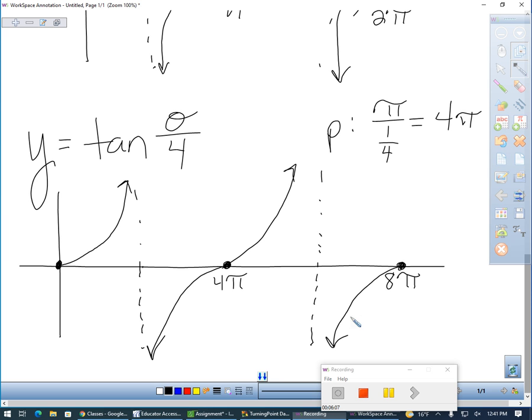So it's just a little more spread out across. Questions at all? Right, it'd get closer together. Or it'd be more, the amplitude part, it'd be more like a flatter line. Yeah. Any questions before we go to cotangent?